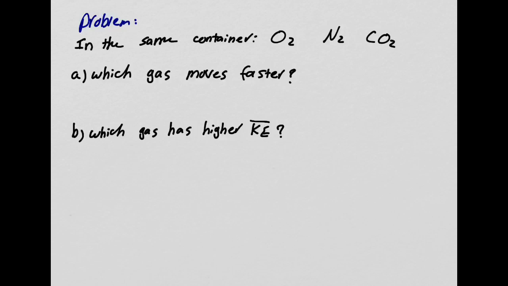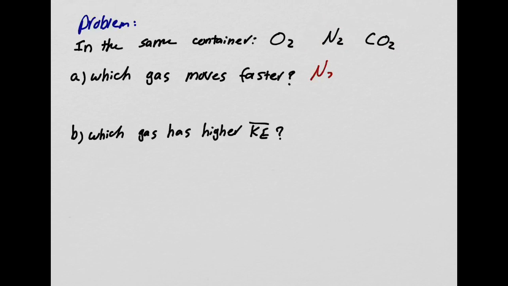That makes sense, right? A lot of the gases are common sense. The lighter you are, you can move around faster. So, among all these gases, the one that is lighter is N2. N2 has a lower molecular weight, so it's lighter, it can move faster. The lighter you are, you can move faster.